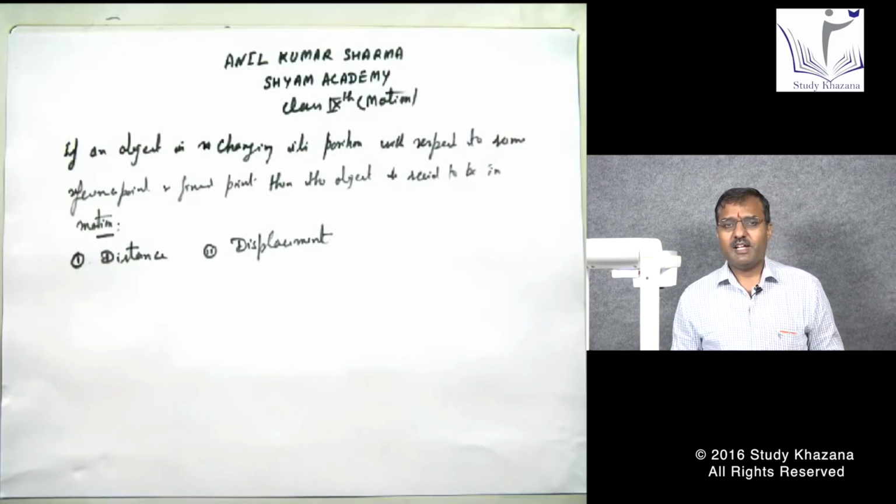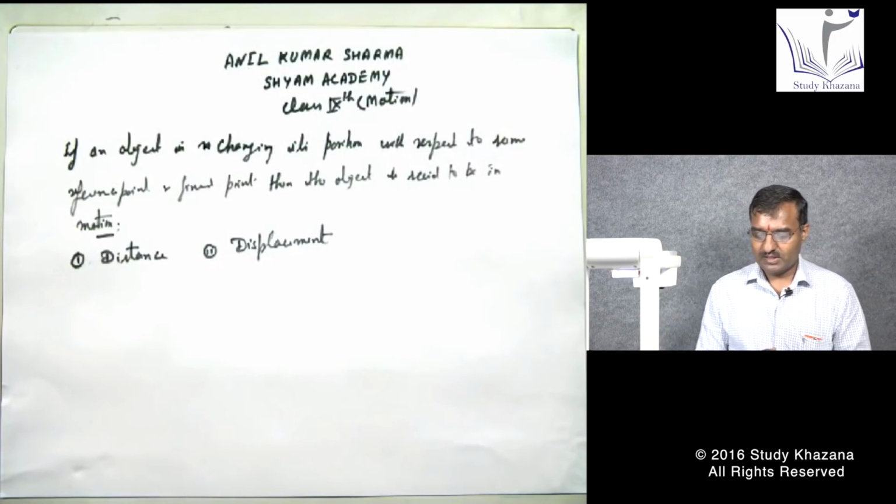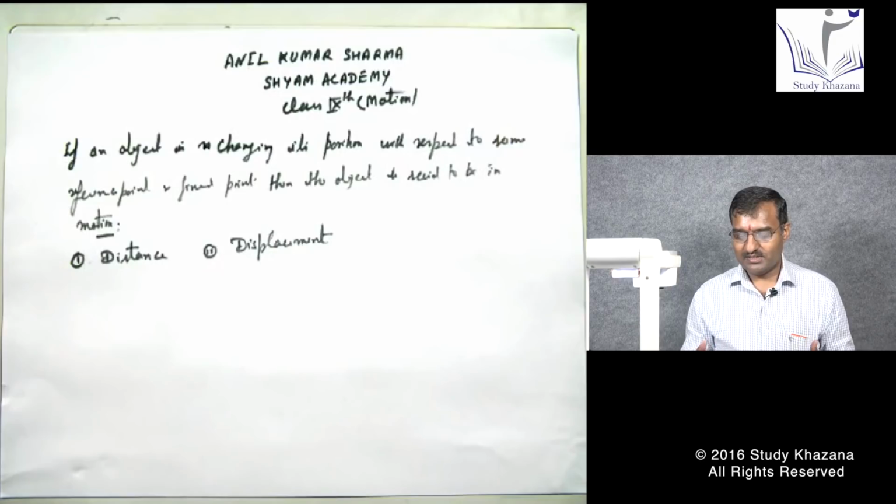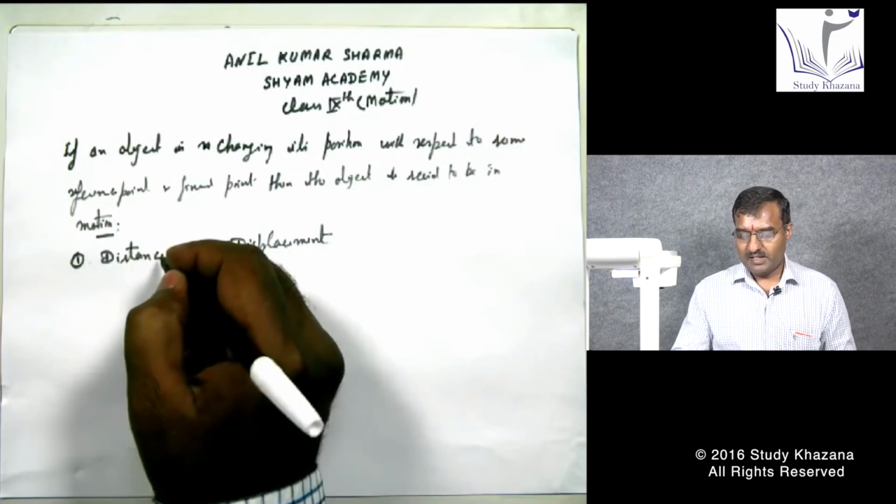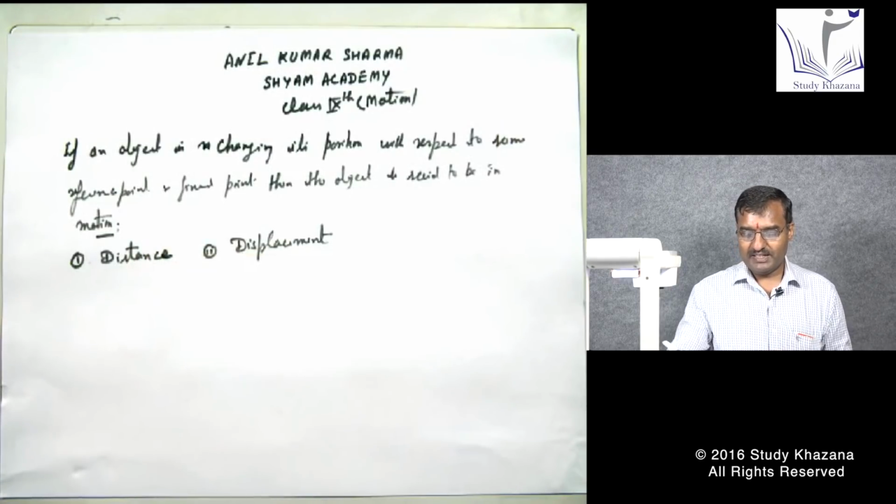Now here we have to study both the terms, what is distance and what is displacement. The distance is simply the distance traveled by an object irrespective of the direction.